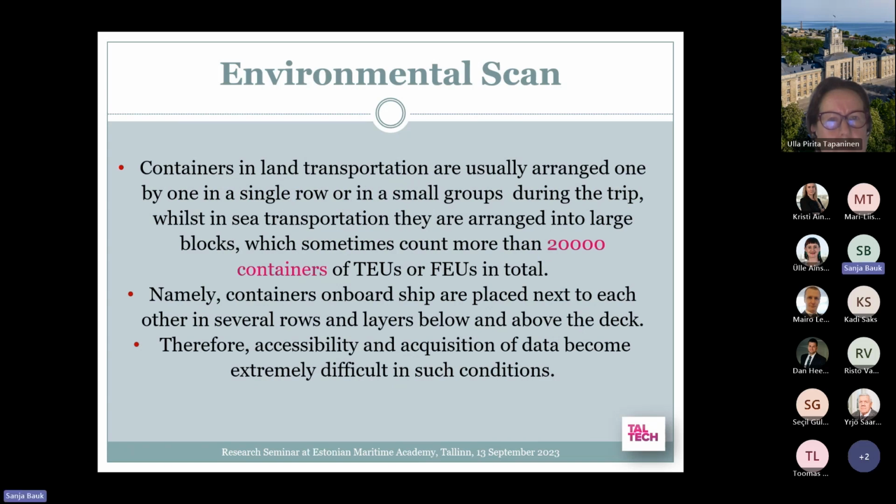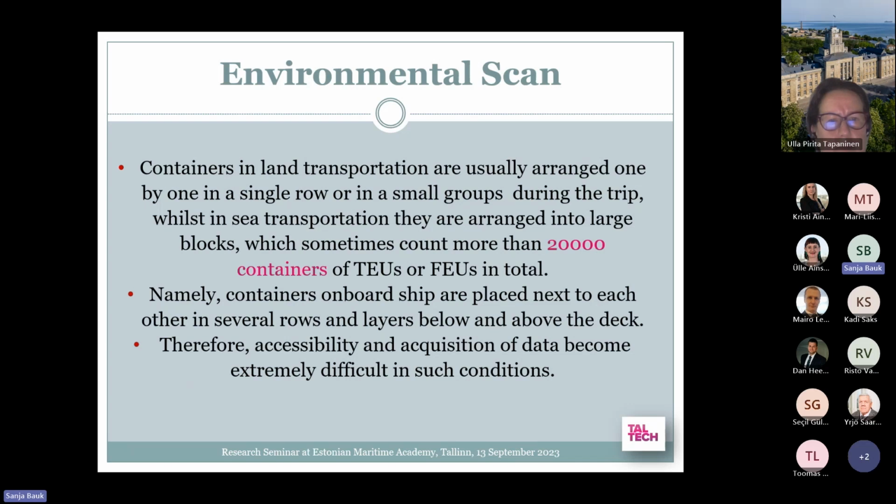Containers in land transportation are usually arranged one by one in a single row or in small groups during the trip. Whilst in sea transportation, they are arranged into large blocks, which sometimes count more than 20,000 containers of 20 or 40 feet in length in total.